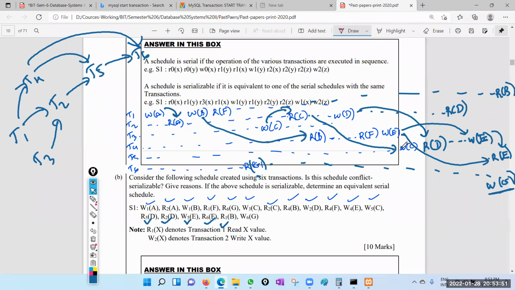WC මෙයාද? ඔව් තියෙනවානේ. Yes, T3 to T5 එකකුත් තියෙනවා නමුත් ඒකෙන් cycle හැදුන්නේ නැහැ. So but there are no cycles here okay, there are no cycles there so therefore that is not an issue.